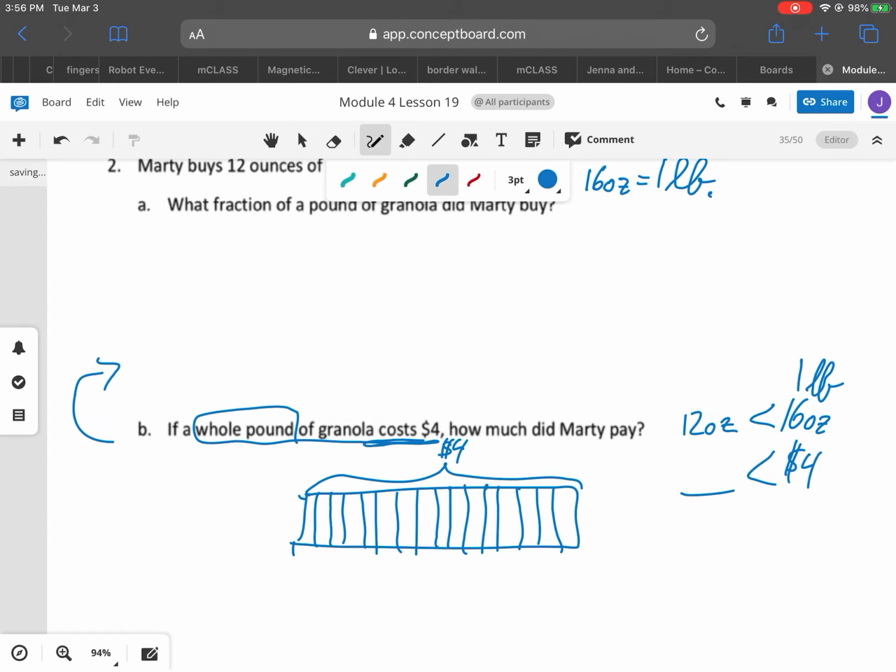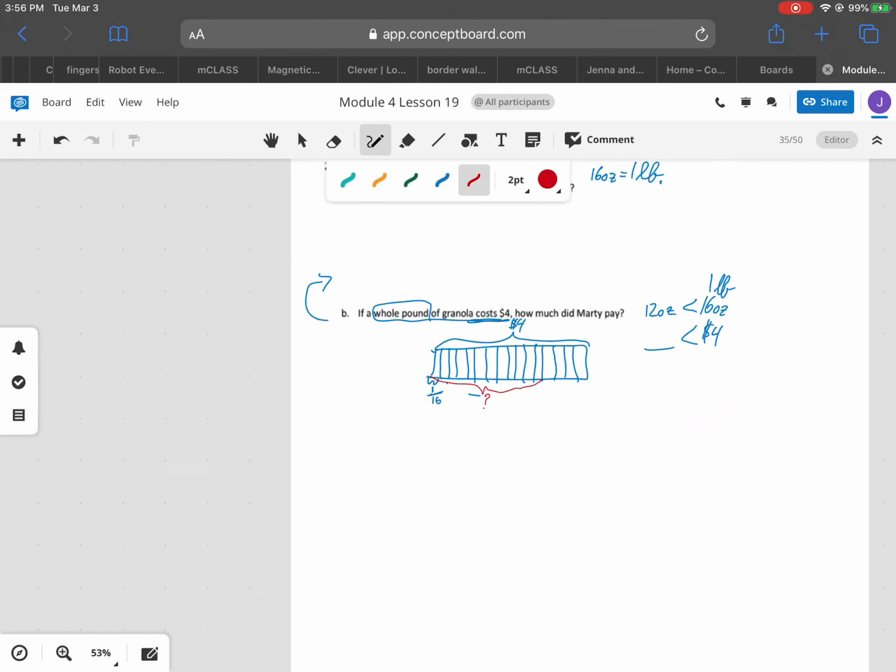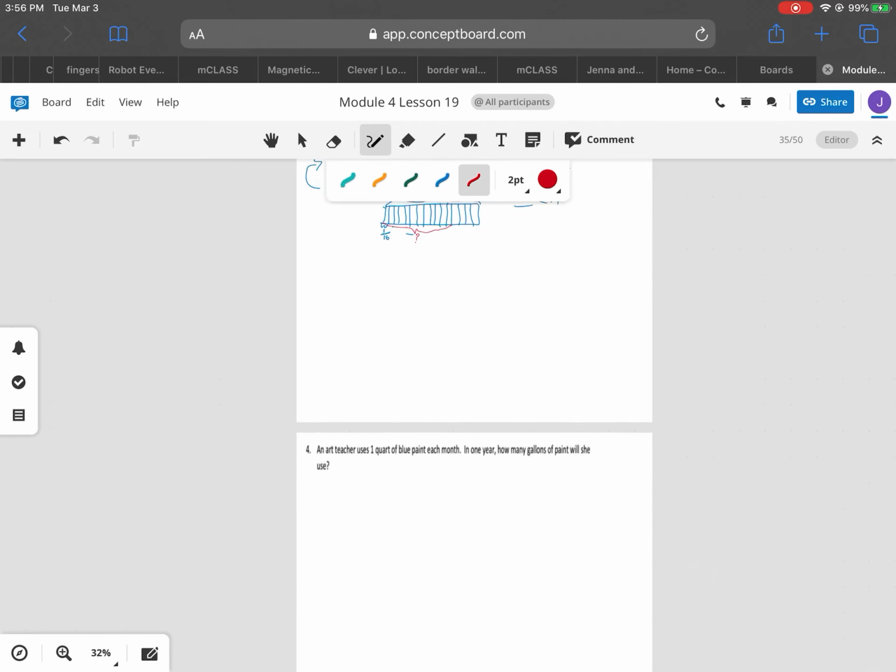And all that's $4. We find out how much one of the 16ths costs, then we can find out how many 12 of them cost. Okay? All right, so that's the help I'm going to give you.